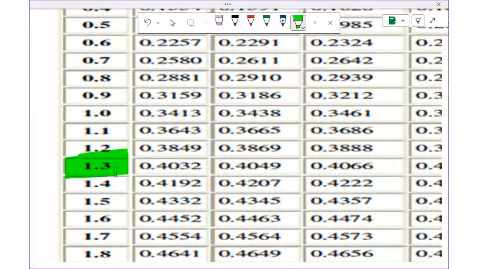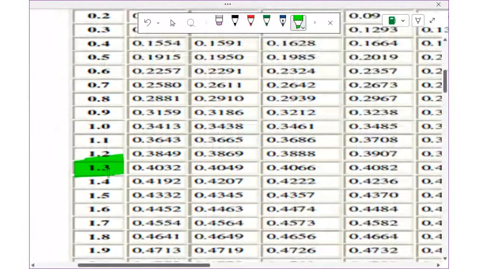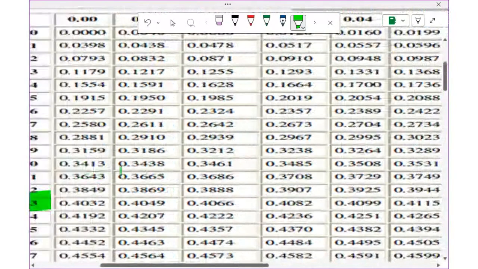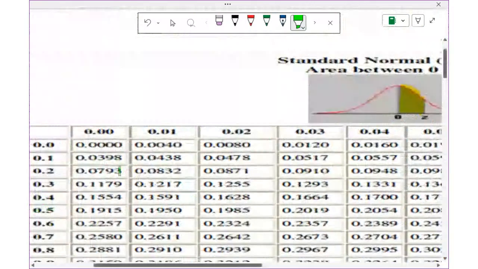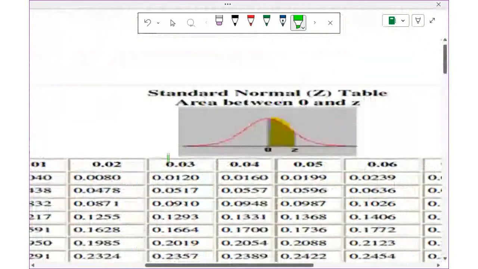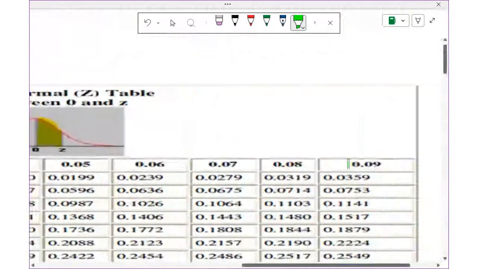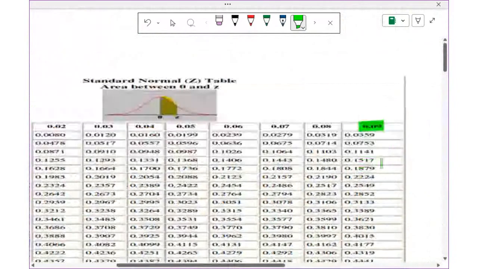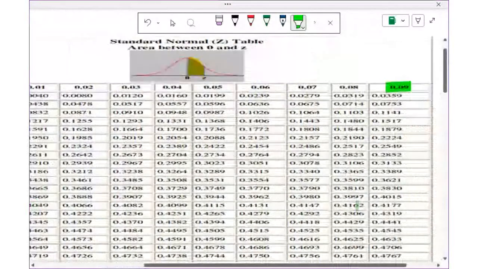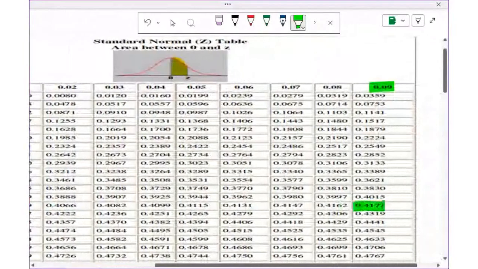In the exam, this table will not be given; I will tell you how the value will be given. Then you will find 9. So 9 is here on the top, 0.09. Now you match the horizontal and vertical, so for 1.39 on the right side, this is the value.